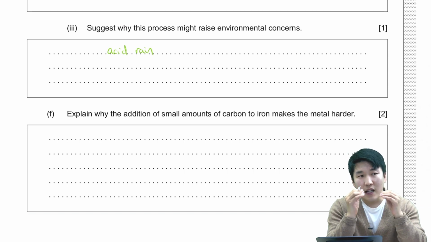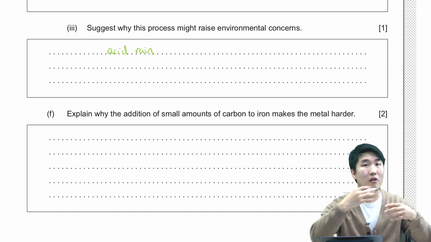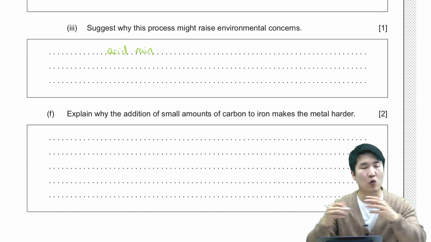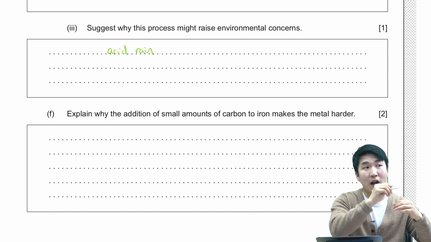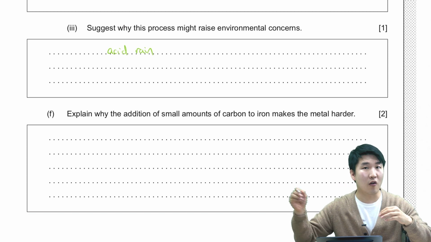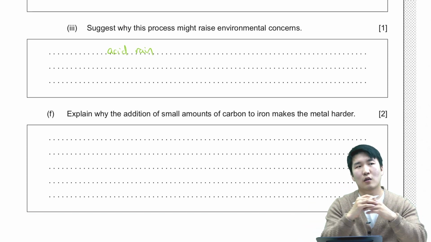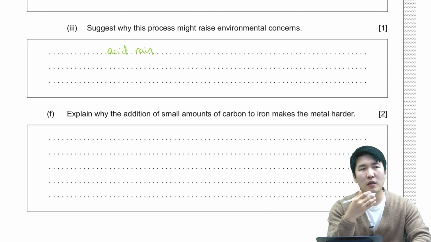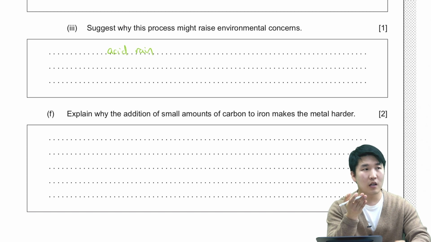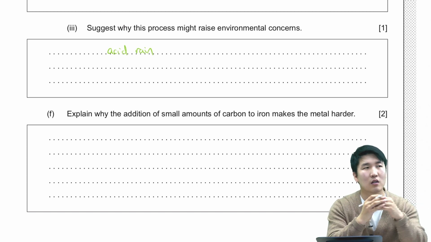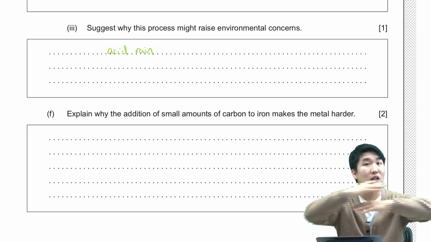the lattice of metal ions is of irregular size, so iron is going to be bigger than carbon, which means the irregular layer of metal ions means that when the alloy is hit with some force that leads to breakage, the layers need to break by sliding.